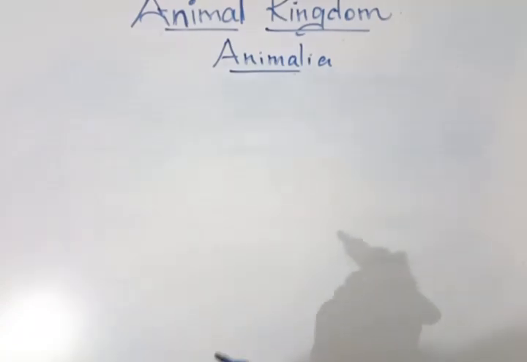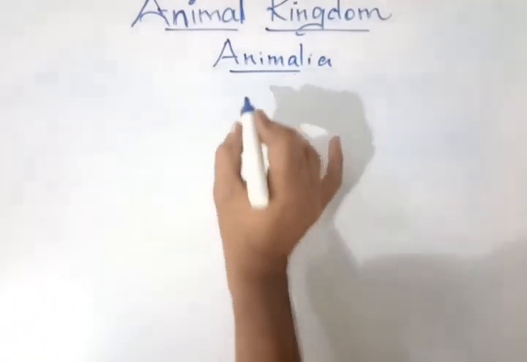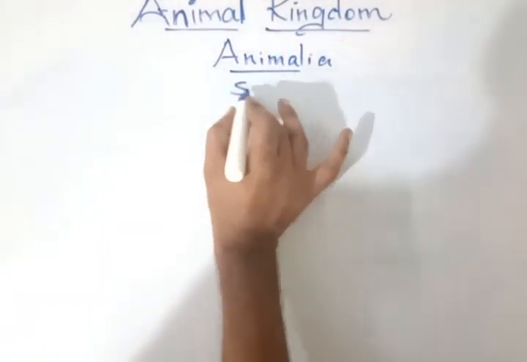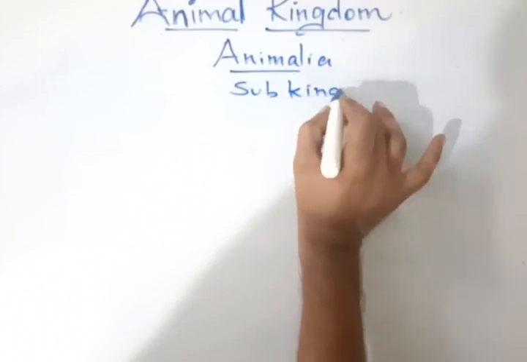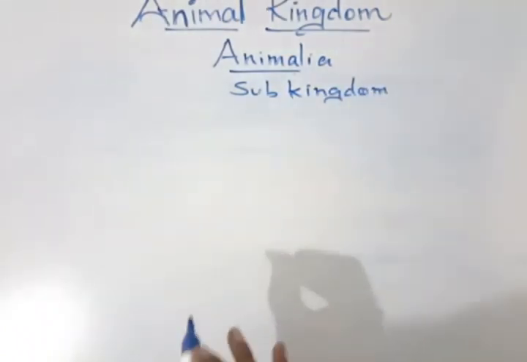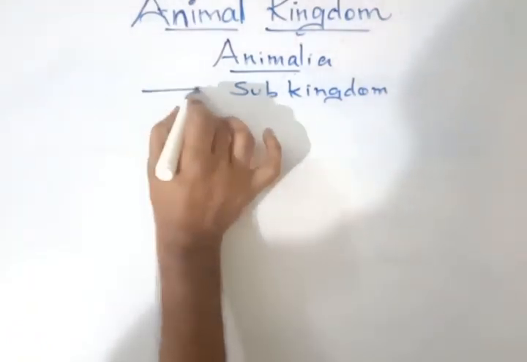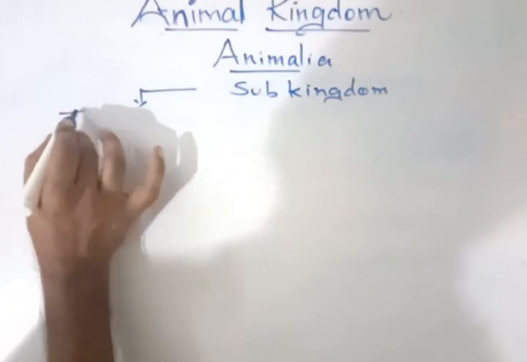Now, this Animalia is divided into two subkingdoms. So what are those two subkingdoms? Number one is invertebrates.